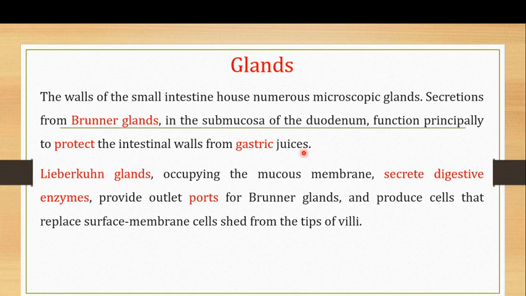Another important gland is the Lieberkuhn gland, which occupies the mucous membrane of the small intestine. This gland secretes digestive enzymes, whose function is to digest the components of the food in your body. They also provide outlet ports for the Brunner glands, and they produce cells that replace surface membrane cells shed from the tips of the villi.